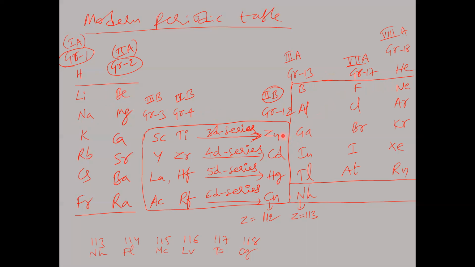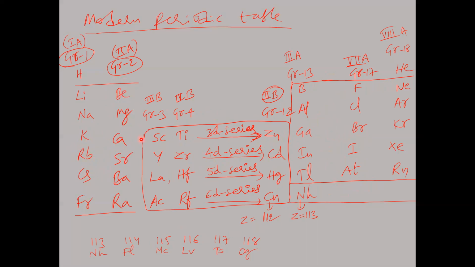Okay, so now the important points about S block, P block, and D block elements. This block is the P block, and this one is the S block. Between S block and P block, the D block will be there. S block elements are more metallic, and the P block elements contain metals, non-metals, and metalloids. Metalloids have both metallic character and non-metallic character.